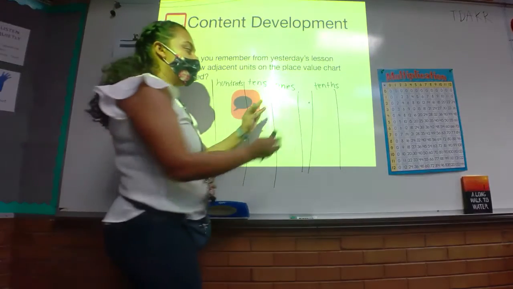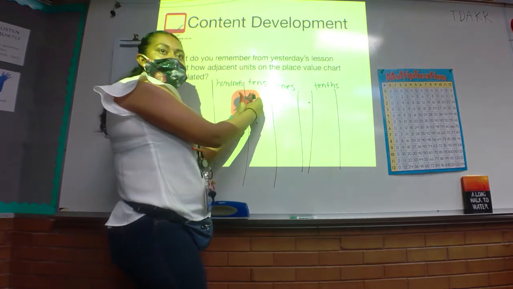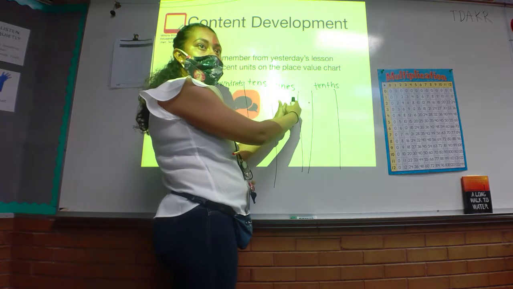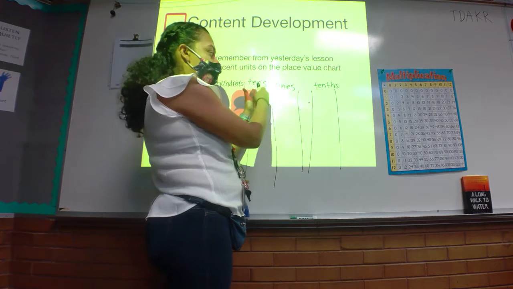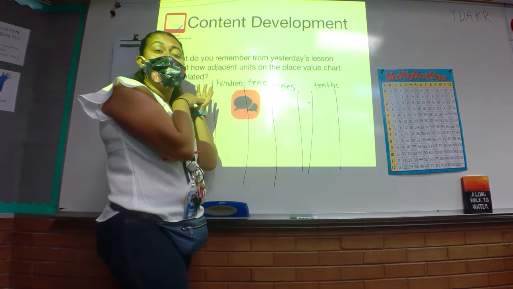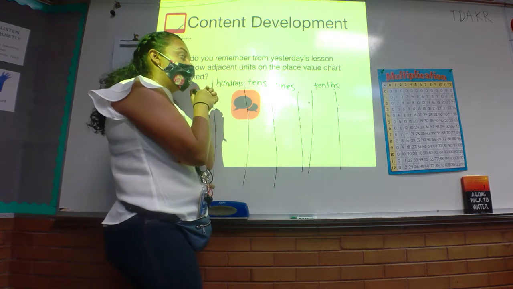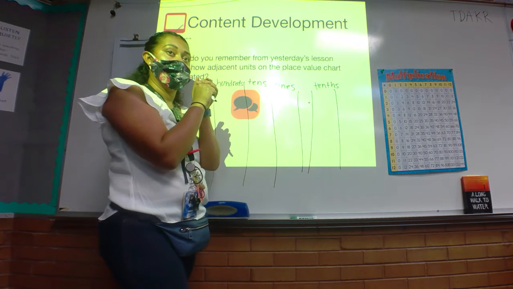Okay, so if we're comparing the ones compared to the tenths, how much more is 10 than 1? How much more is it? Bo? 9 more than 1. Close, 10 more.